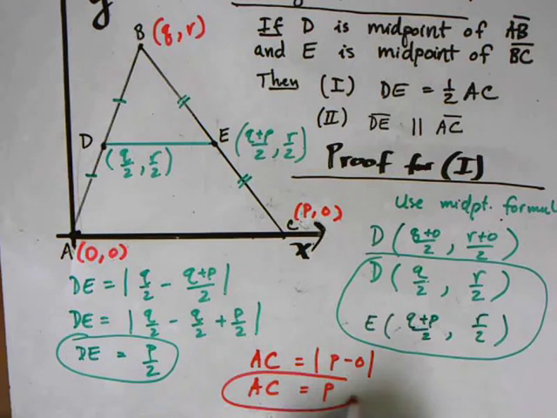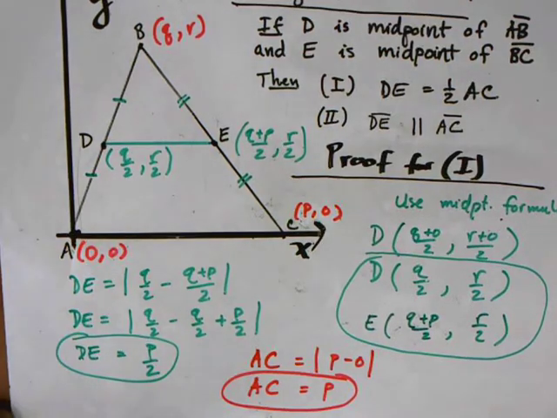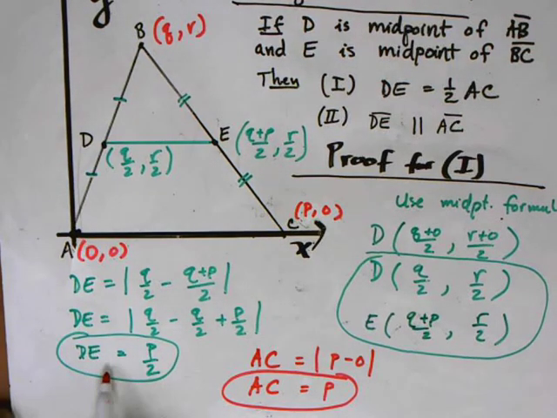Okay. Now if we compare the two of them, DE is P over 2 and AC is P. Well, that's interesting.